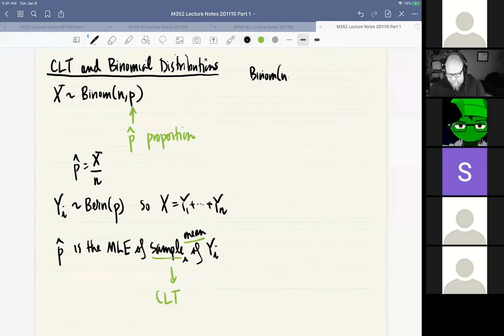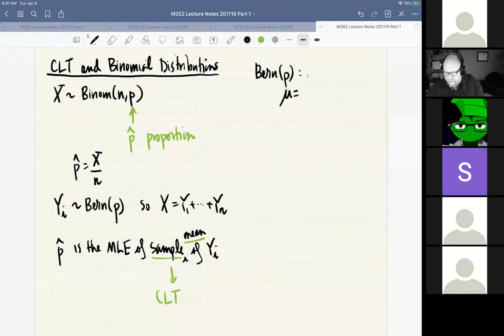Recall that a binomial random variable with parameters n and p has a mean of... that's not right. It's the Bernoulli random variable we want to know about.